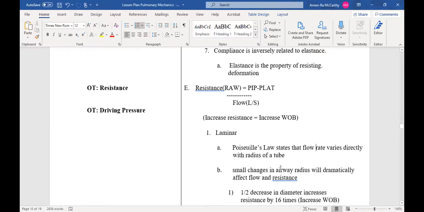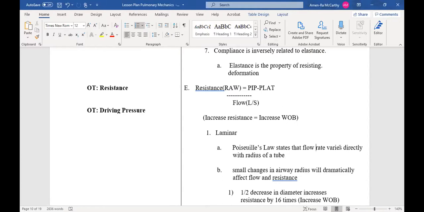All right. His name is Poisson, a French physicist that came up with this law here. He says that the flow rate varies directly with the radius of the tube. The smaller the tube, the higher the flow. When you put your thumb halfway over a water hose, the flow of water does what? Increase.